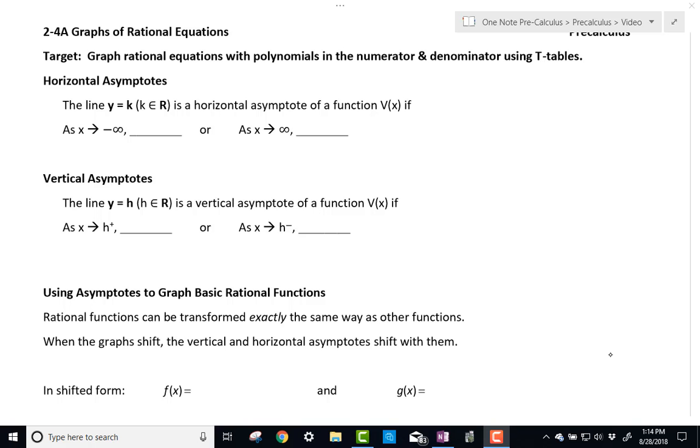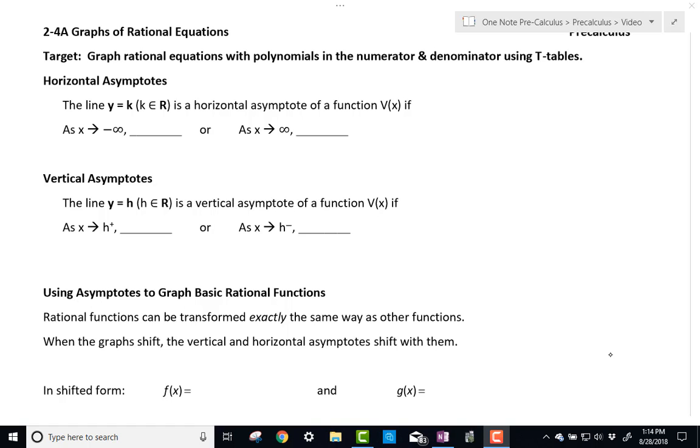Okay, so as we finish up this lesson here, we're just going to talk about a couple of things that will help us out in graphing here. So we're talking about horizontal asymptotes again. The line y equals k, all right, so k is some number. It could be a fraction, it can be a whole number, it can be a decimal, it could be positive, it could be negative.